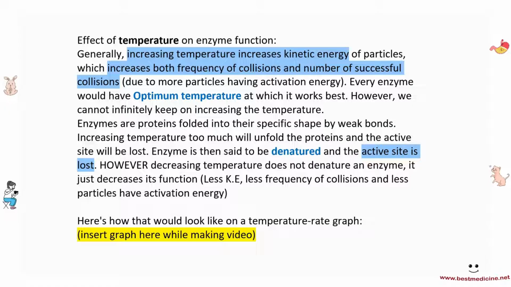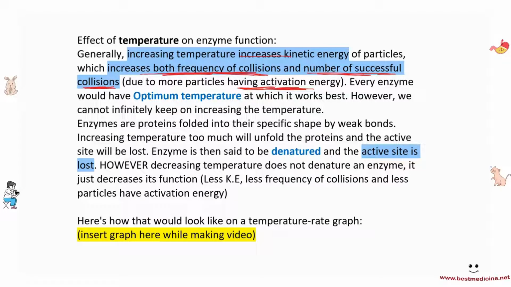So what's going on here? Well, over here as well, it normally increases rate of reaction, because when you increase temperature, it would increase the frequency of collisions between the substrate and the enzyme, and it also increases the number of successful collisions, right? Due to more particles having the activation energy. This is a little bit of chemistry involved here.